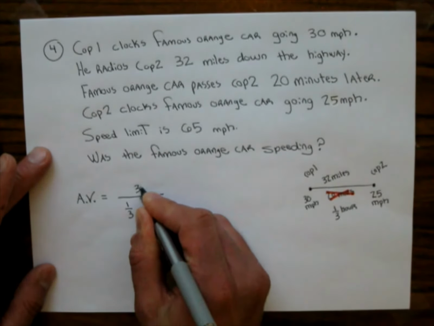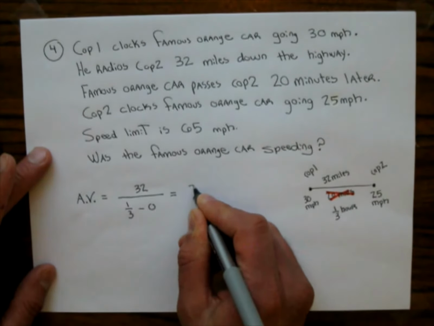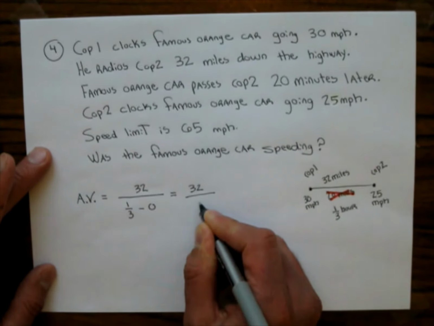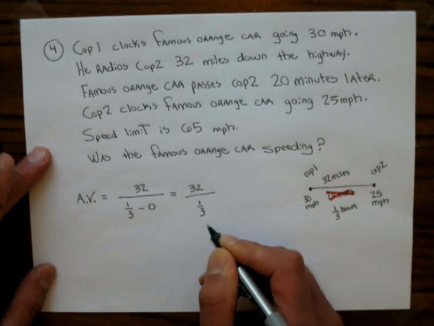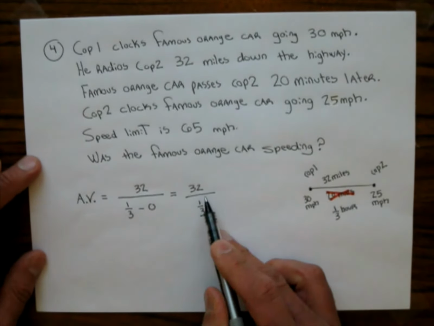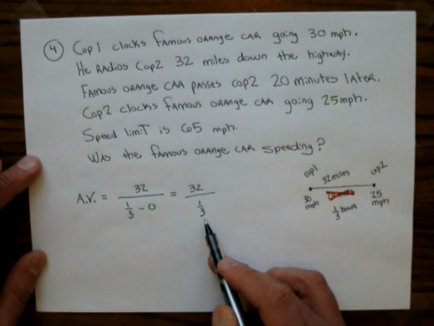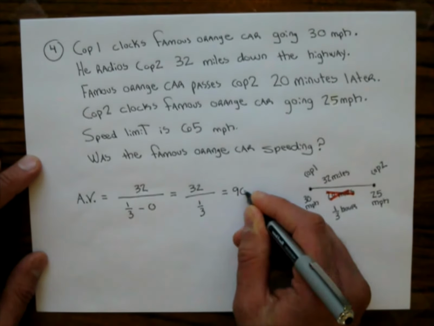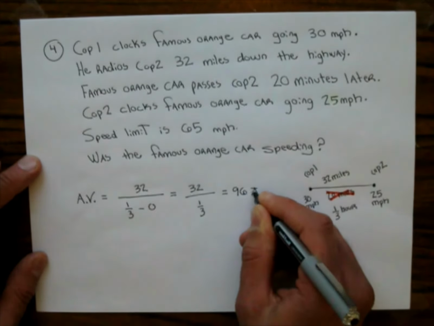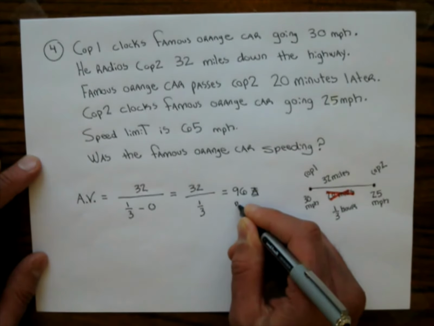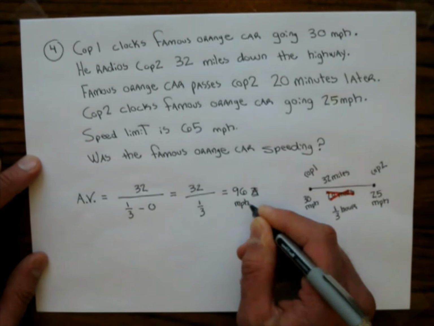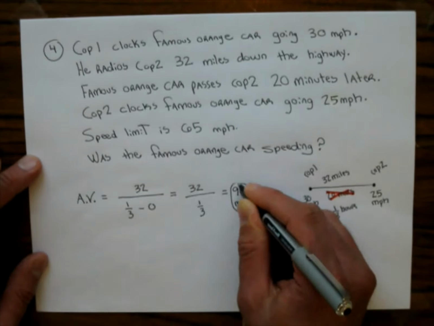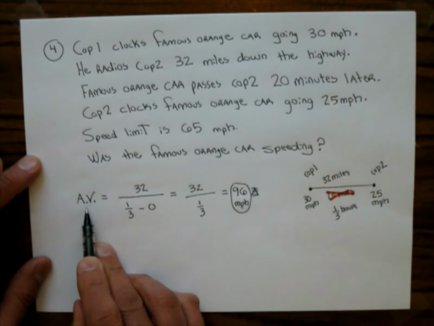So I could just put a 32 there. In fact, I could have just gone 32 divided by 1/3. And so I do a copy dot flip. 32 times 3 is 96. Let me say 96 miles per hour. And that is the average velocity.